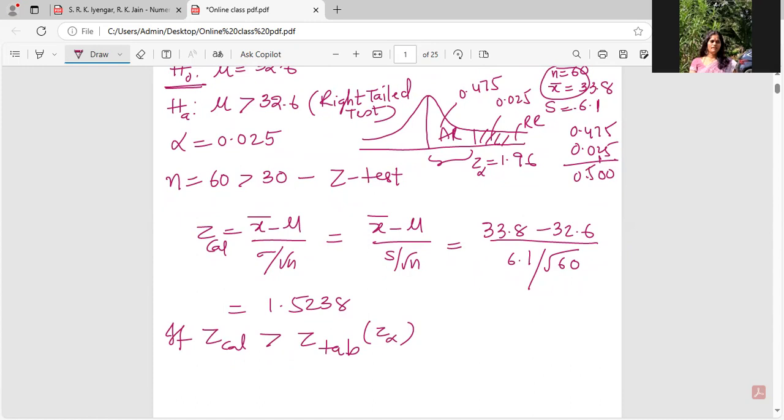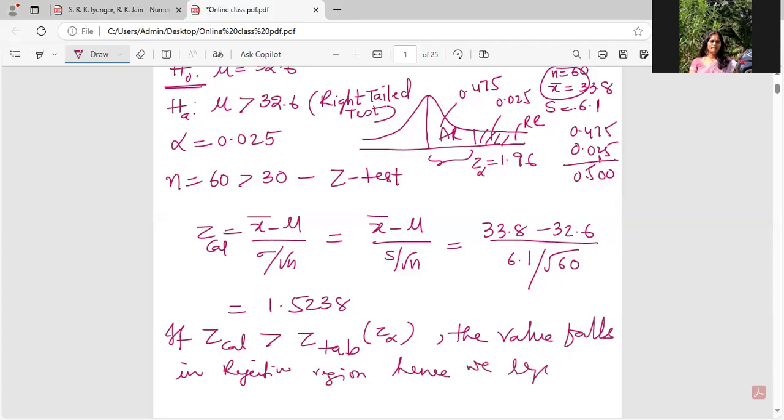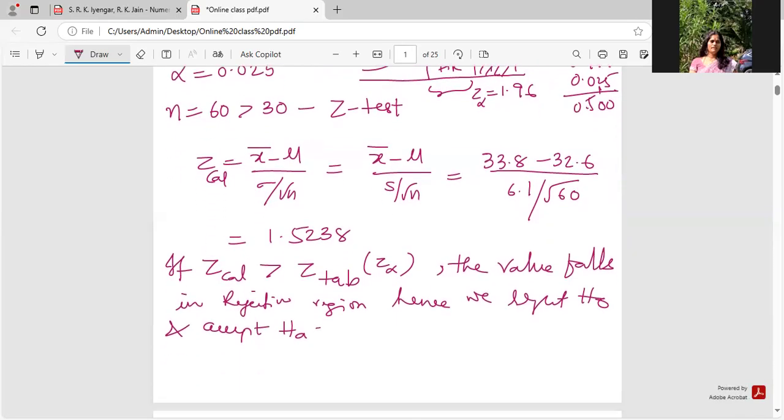So if Z cal is greater than Z tab, the value falls in the rejection region. Hence, we reject H0 and accept HA or H1. So what's the value I have got? The Z cal value is 1.5238, which is less than 1.96.